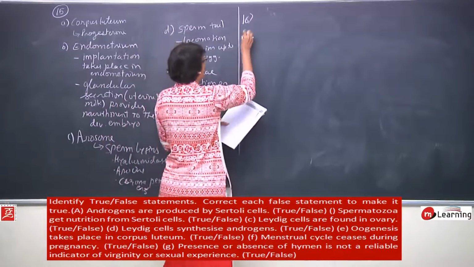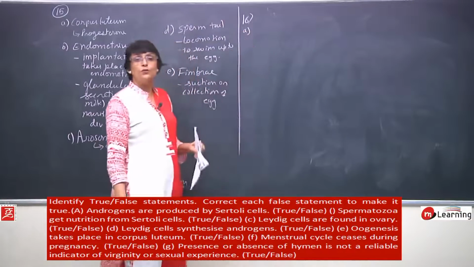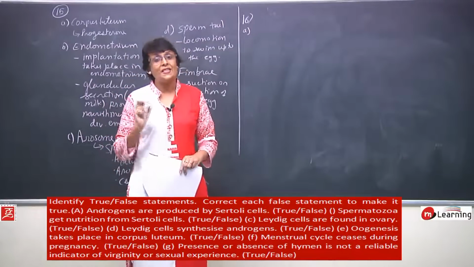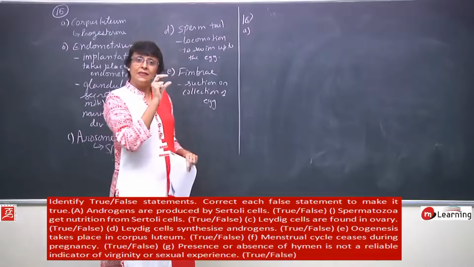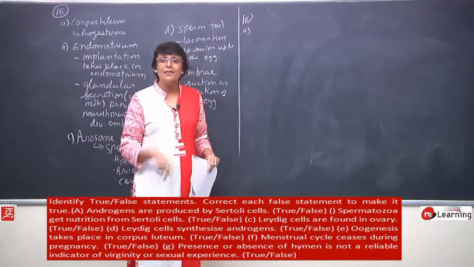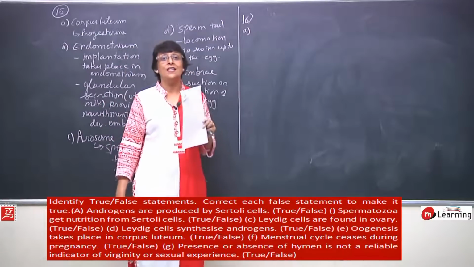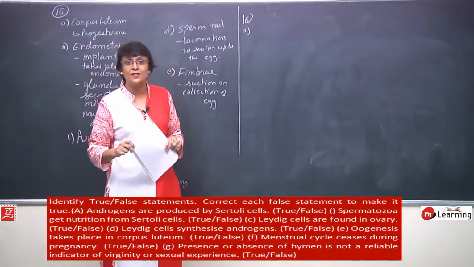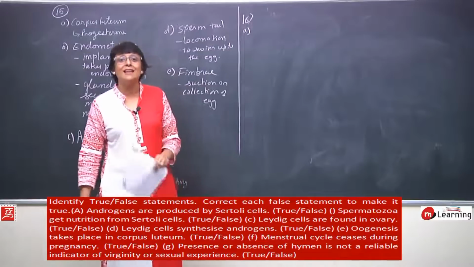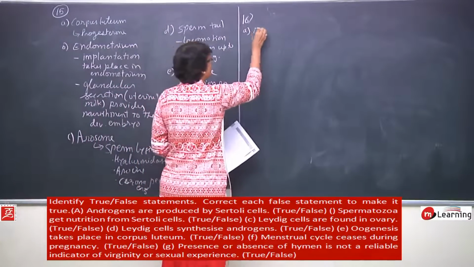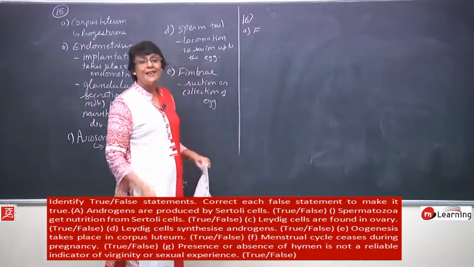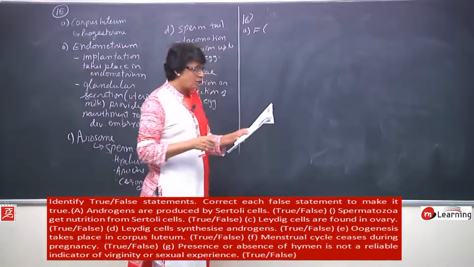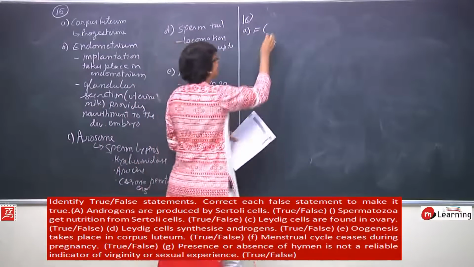Androgens are the male sex hormones, and Sertoli cell is the structure which is found in that germinal epithelium which is nutritive. We call it nurse cells. So androgens are not secreted by Sertoli cells. Androgens are secreted by Leydig cells. So number 1, it is a false statement. The correct one is that androgens are produced by Leydig cells.